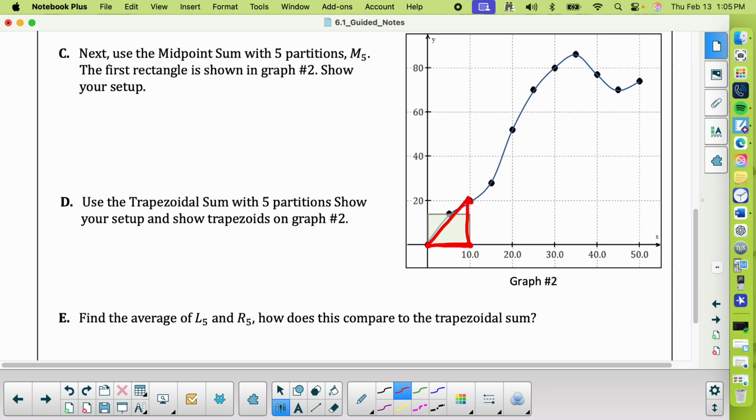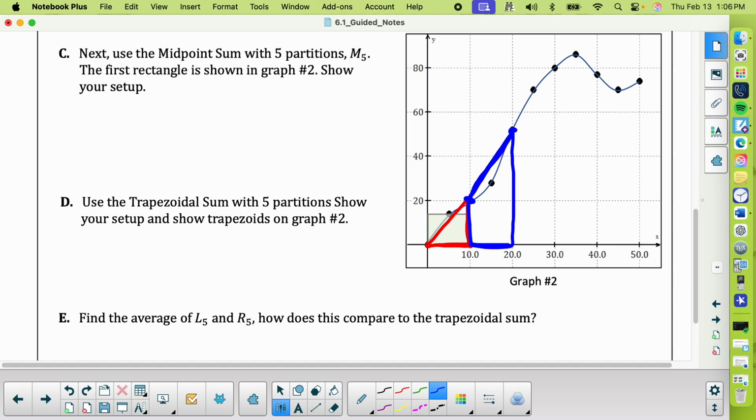That one's not a trapezoid. That's why I just said that one actually was a terrible example because it was a triangle. The second rectangle, this would be the height on the left, this would be the height on the right. When I draw that rectangle, except not a rectangle, we connect both heights. So that shape is a trapezoid.